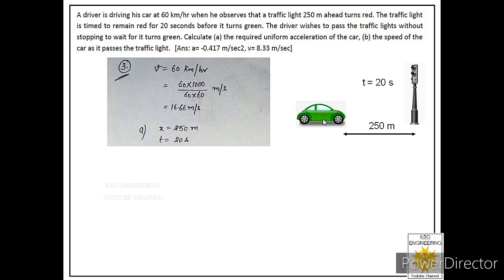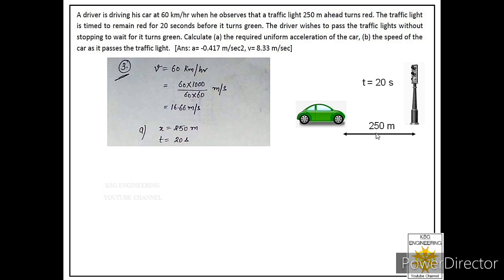By the time he reaches this position, he will get a green light and he will not stop and will continue with the same pace. It means we have to apply this logic: the driver should travel this distance in 20 seconds.